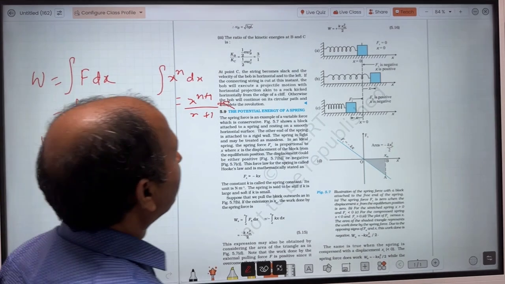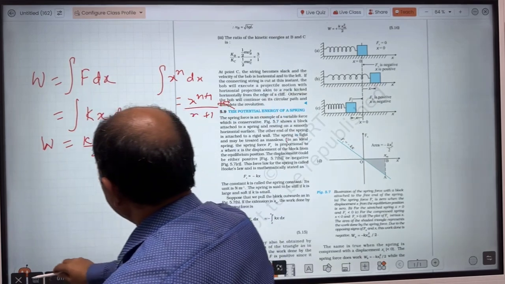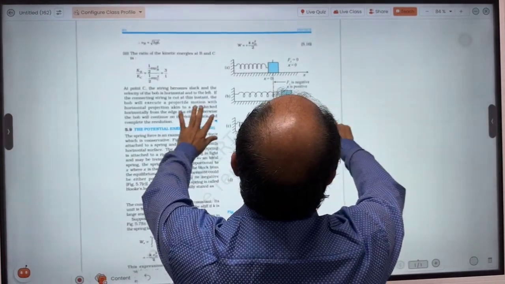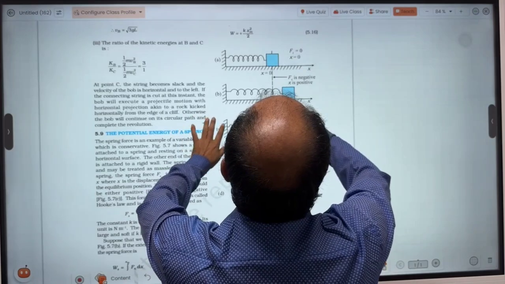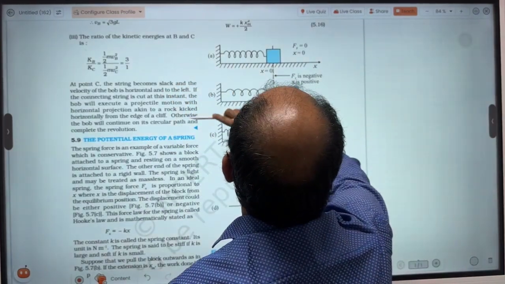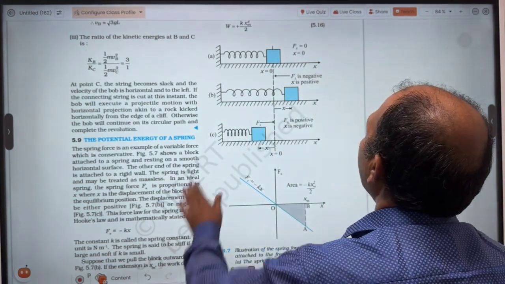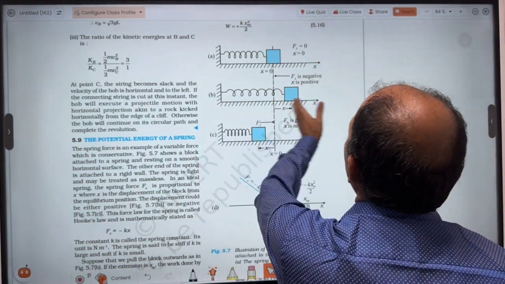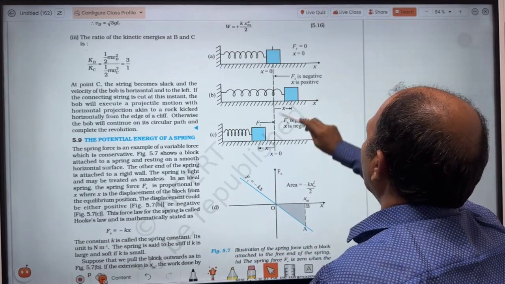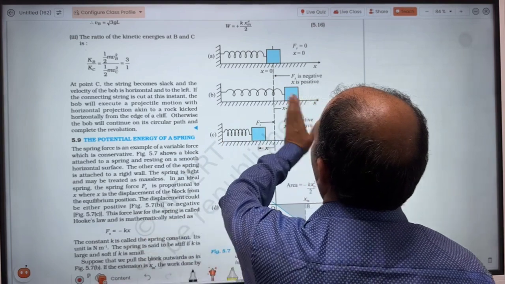The same thing we can see from these graphs. Here the situation is shown: this is the normal position, so there is no force, there is no extension. Here the spring is pulled in this direction, so there is elongation, although the restoring force will be in the backward direction.